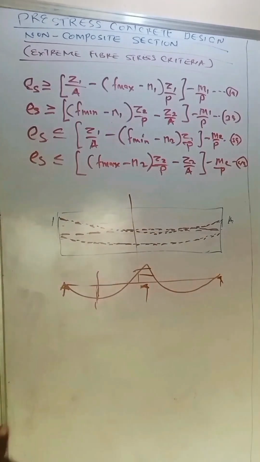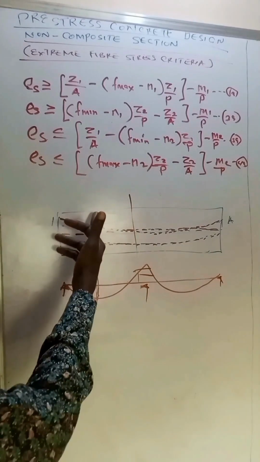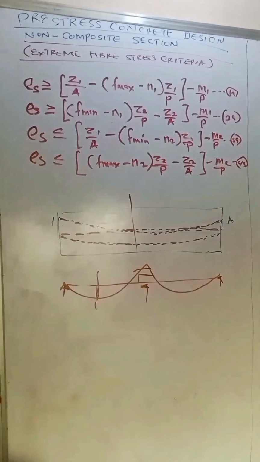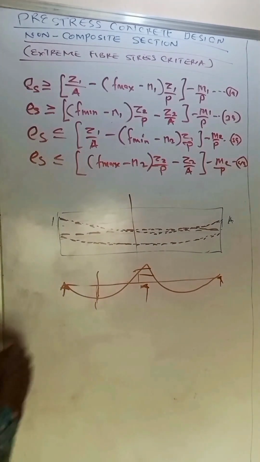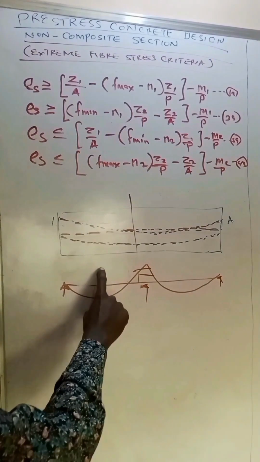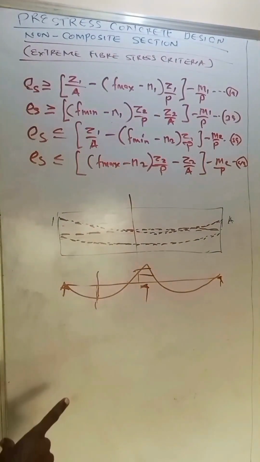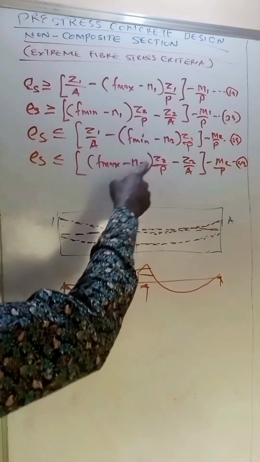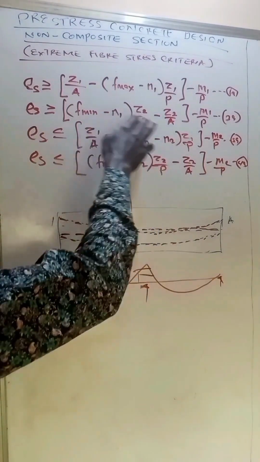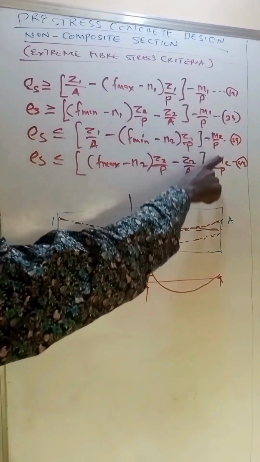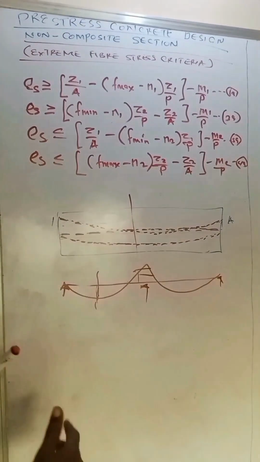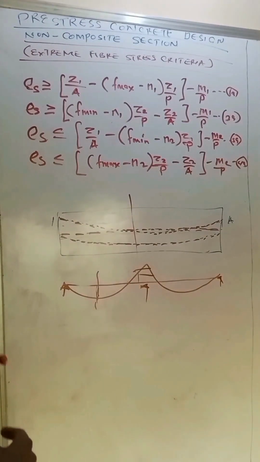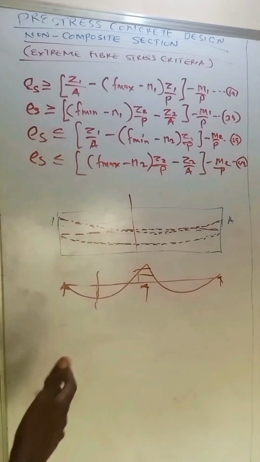In a bridge design, you are going to see the same. Let's assume it is a continuous beam. You can see that the value for the cable zone will differ at each section along the span of the beam. And that is why the value for your M1 and M2 varies along the beam. If it's a simply supported beam, a continuous beam, whichever you are designing for, the value of your M1 and M2 varies.